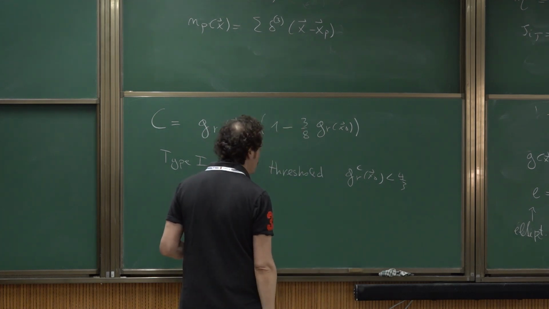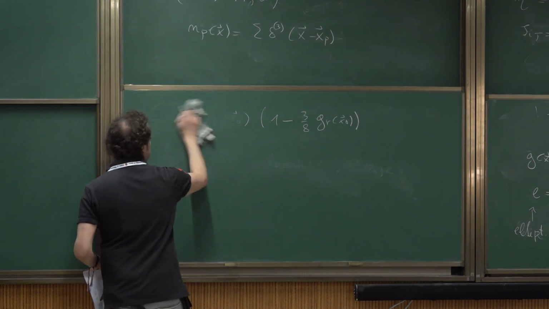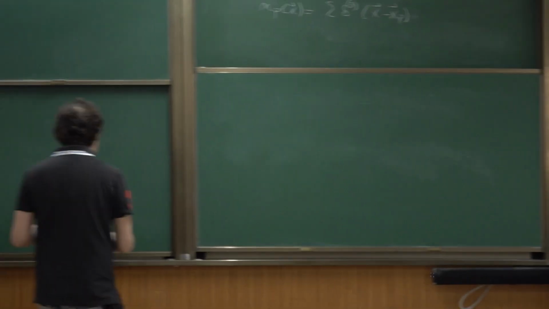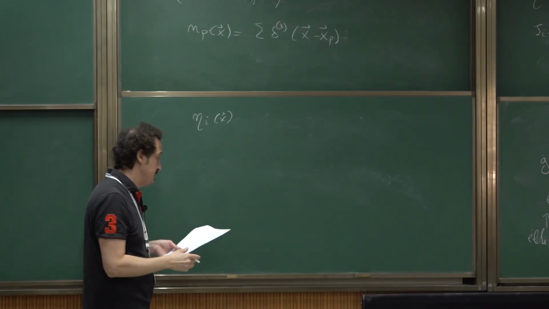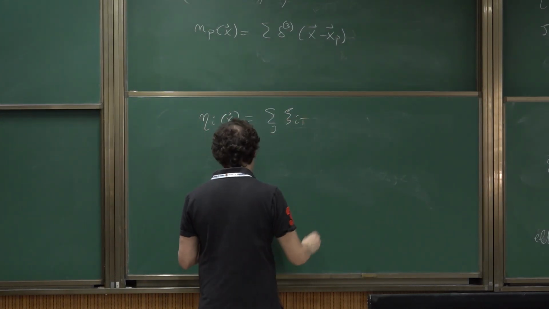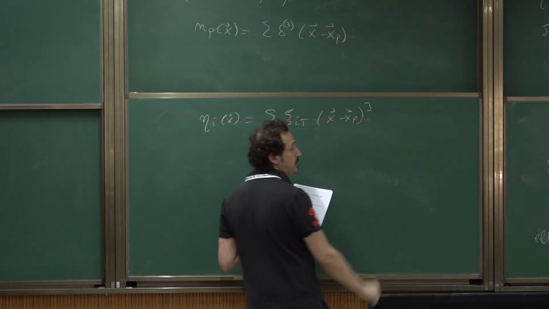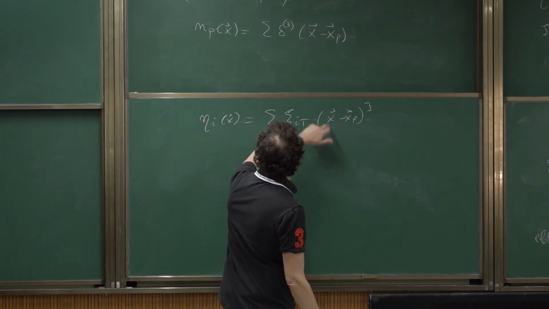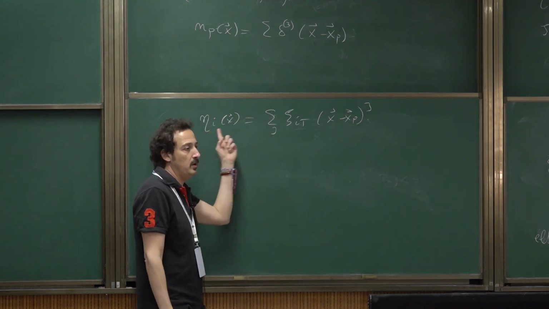We can actually use the fact that the peak has the first derivative equal to 0. So we can expand eta i of x, the first derivative. It is equal to the sum over j of psi ij of x minus x at the peak, j. If I do that and take the delta function of this, I can replace the delta function of x minus x peak in terms of my variables eta and psi.